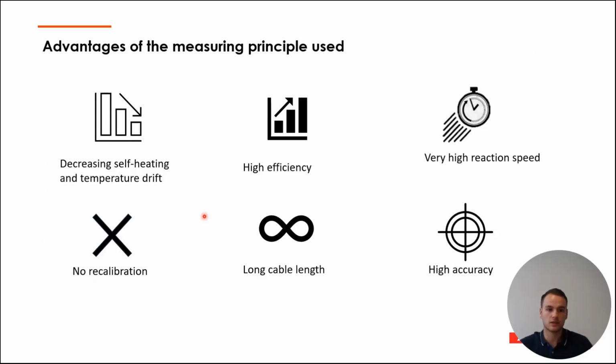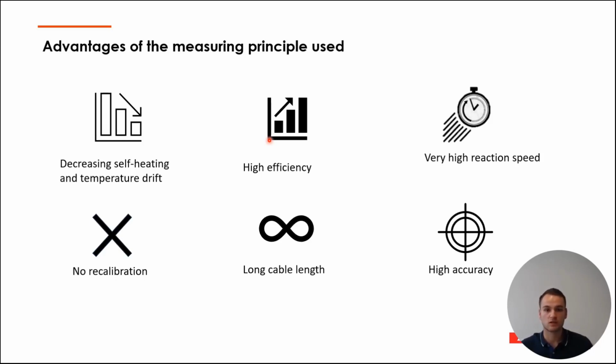On this slide, you can see the advantages of temperature sensors based on CMOS. As you can see, the sensor has really low self-heating and a really low temperature drift. The temperature drift depends on a few benefits of the sensor, which I will show you in a few slides. Usually, semiconductor sensors have a really high efficiency because they use an average consumption below 1 microjoule per measurement, and that's really low.